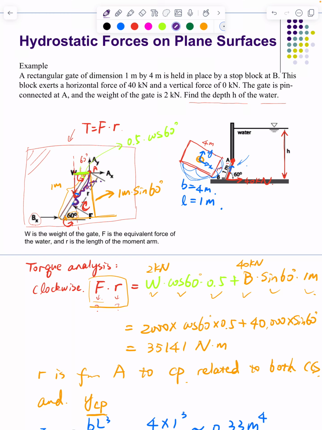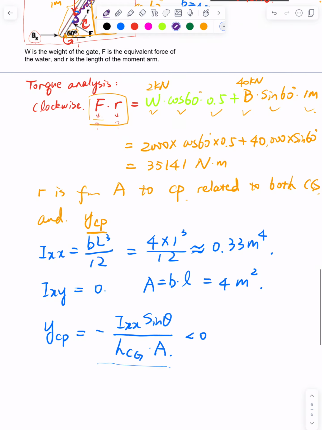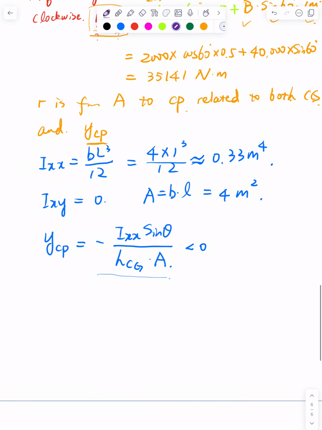So we know that R equals 0.5 minus YCP, because YCP is smaller than 0, so here it should be minus YCP. So R equals 0.5 minus YCP, which equals 0.5 plus 0.333 multiplied by sine theta.